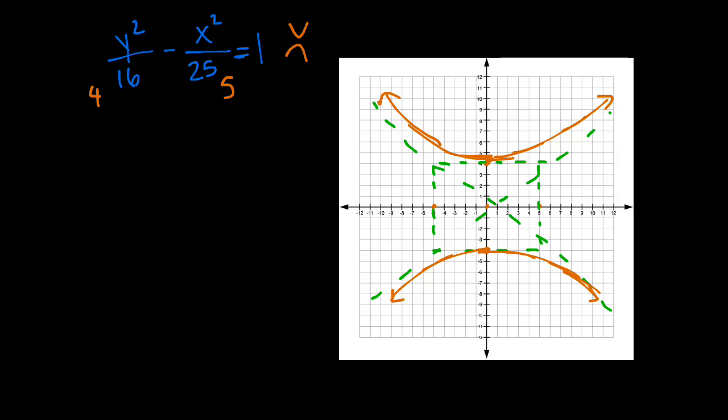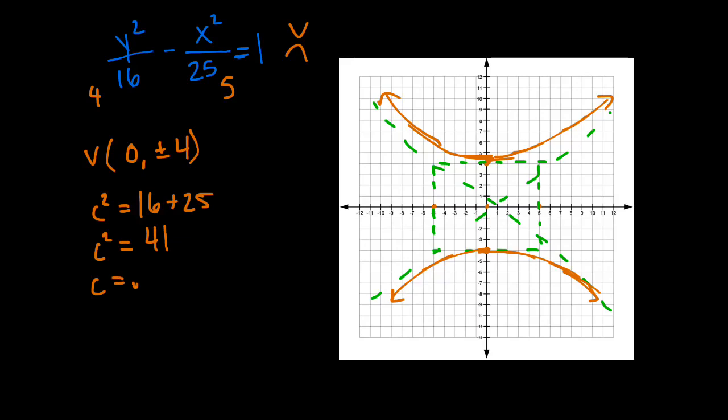Our vertices are up and down this time, so our vertices are at 0, plus or minus 4. To find the foci, it's that distance c, where c squared equals a squared plus b squared, so 16 plus 25, which is 41.